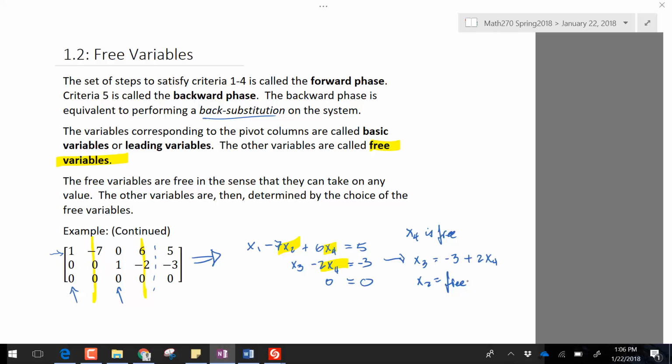And then now when we look for x1, it is going to be equal to 5 minus 6x4 minus 7x2. And if we had x3 in there, we would literally put in this expression that we had for x3 in for x3.